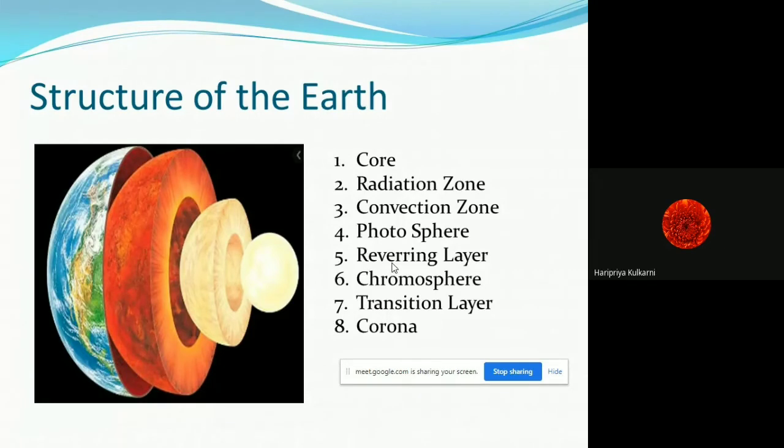Then there is a transmission layer, which is 200 kilometers long, and the temperature is 20,000 K. The last layer is the corona, the outermost layer, wherein the energy is transferred. The particles from this layer reach the Earth's atmosphere. So these are the various layers of the sun.